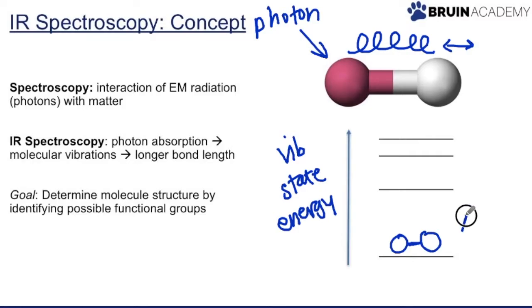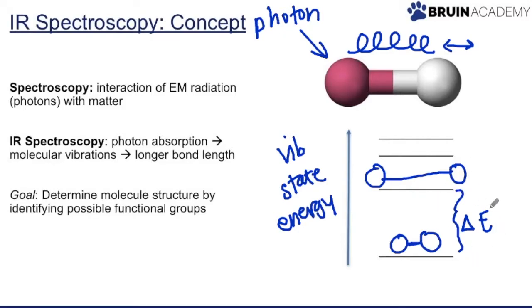And as this energy increases, the jump from one energy state to the next level is a delta E. So when you have a greater vibrational energy, this leads to a greater average bond length here. This here is the ground state, and here's the excited state of the molecule.